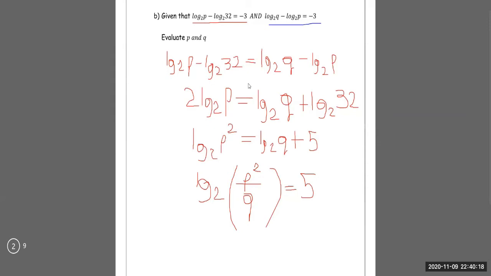So that's why I was saying equating them. And so this is fine to do, but then you would still have to go back to one of these equations to help you solve it, all right?